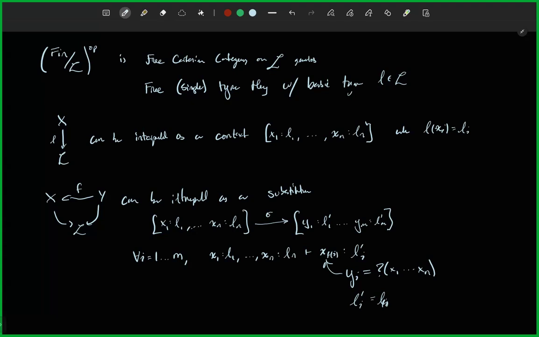That's how we end up interpreting the function on the left as an expression that is well typed in the context of x for all the y's.